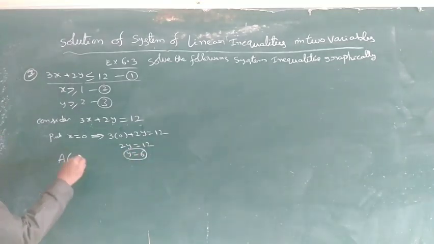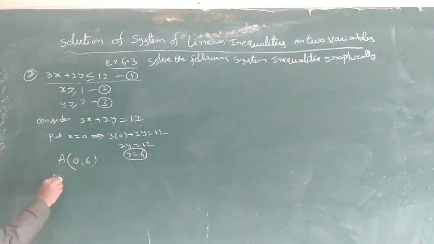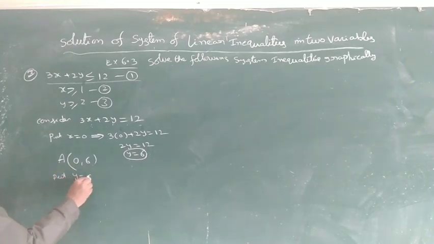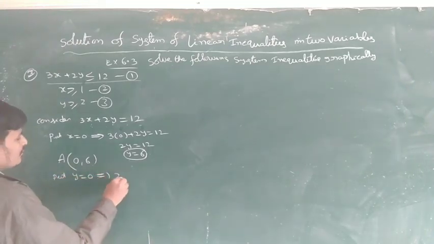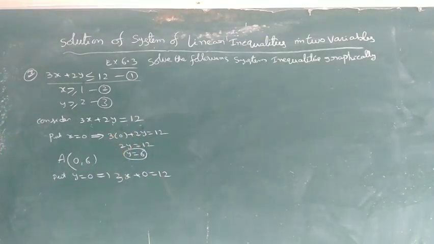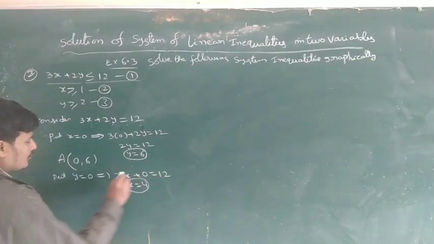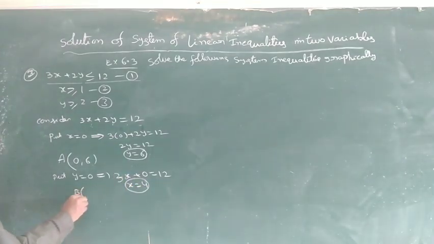So the point is 0 comma 6: first x value, next y value. Next, put y is equal to 0. Then 3x plus 2 into 0, which is 0, is equal to 12, so x is equal to 4. This is the point 4 comma 0. These are the values. And next, you can check true or false.